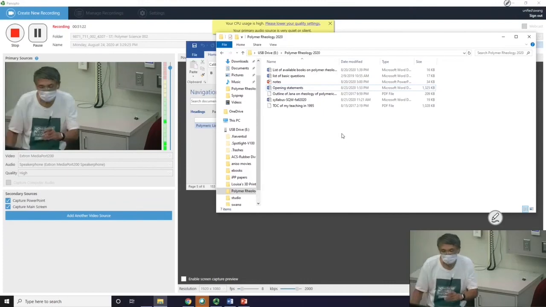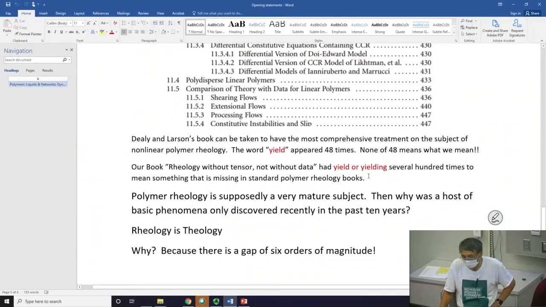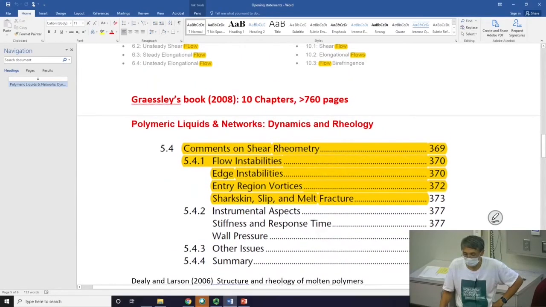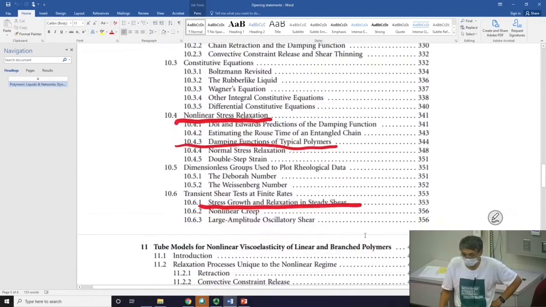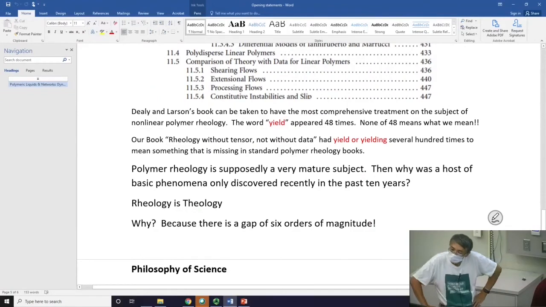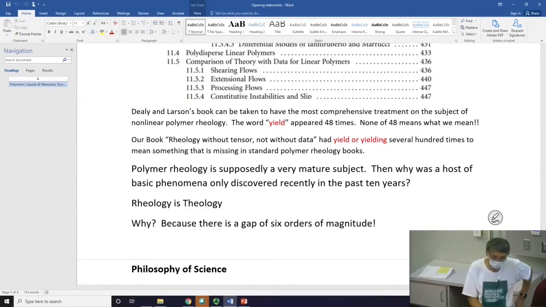So no wonder the books I mentioned, all of them, can't speak a great deal about it. This is why I'm astonished every time, because I'm sometimes speechless on this. I mean, rheology is supposed to be a very mature subject, because you supposedly need it for guiding the processing of several 100 billion pounds each year.